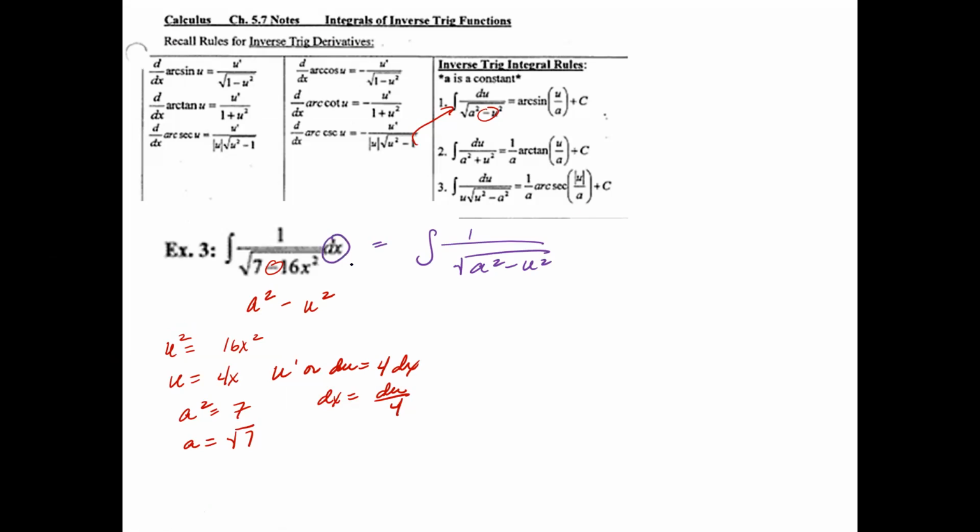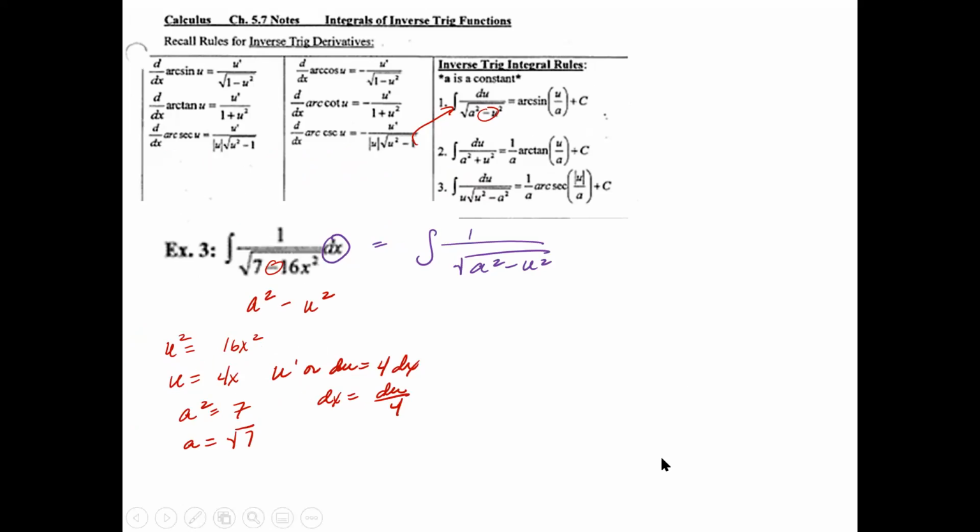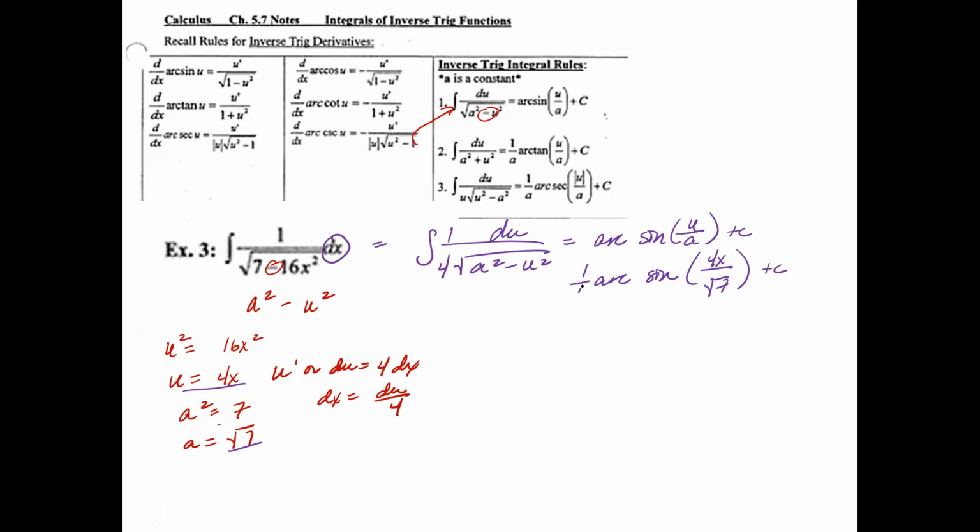And if I replace the dx, I'm going to have a du over 4, which is going to be the same thing as arc sine u over a plus c. So my answer is arc sine u, which is 4x, over a, which is the square root of 7, plus c. Oh, and don't forget your 1 over 4 here. So let's put the 1 over 4 back. And that is your answer.